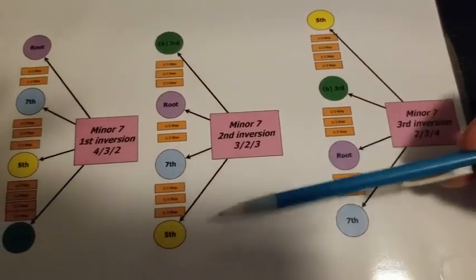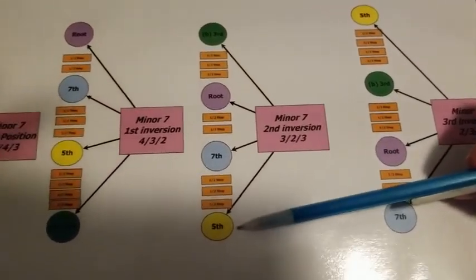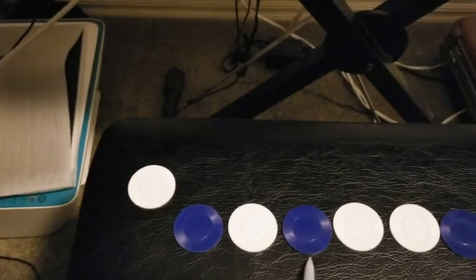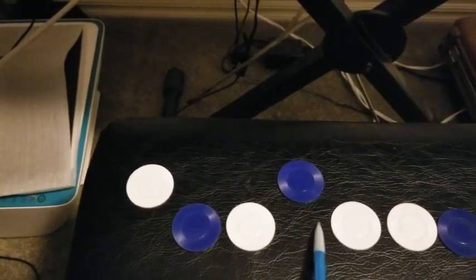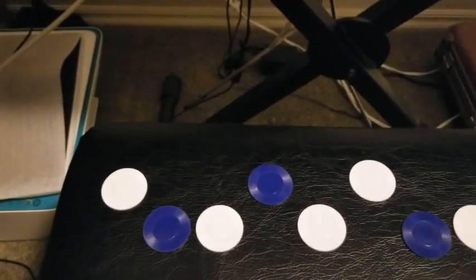So if we're starting with C on the bottom as our fifth, we're going to have 3, 2, 3. 1, 2, 3, 1, 2, and 3, 1, 2, 3.